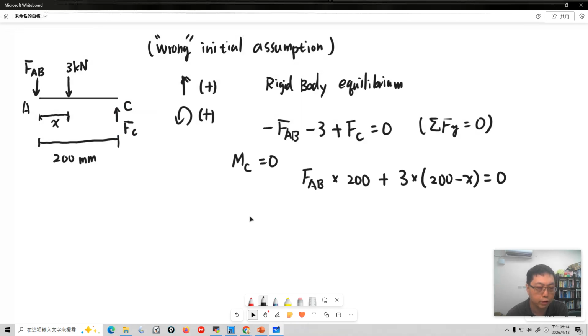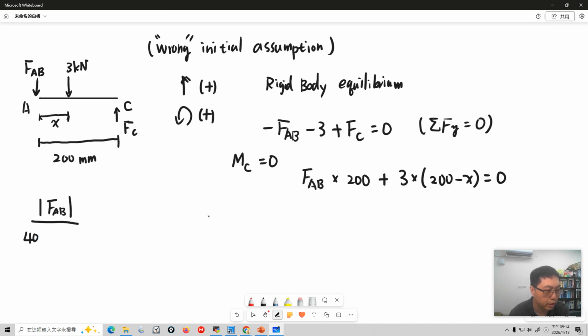Don't forget the stress is force divided by area. So we will have the FAB, here I use the absolute value, FAB divided by 400 times 10 to the power minus 3 squared equal to the absolute value of FC divided by 650 times 10 to the power minus 3 squared, because he still needs to say that the normal stress, the tensile stress magnitude, is the same.